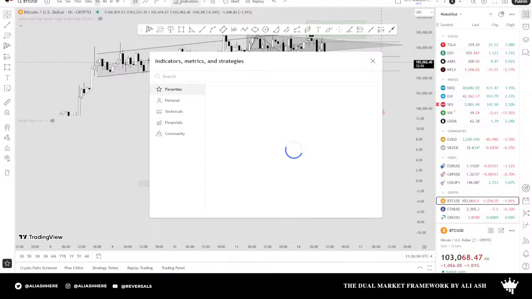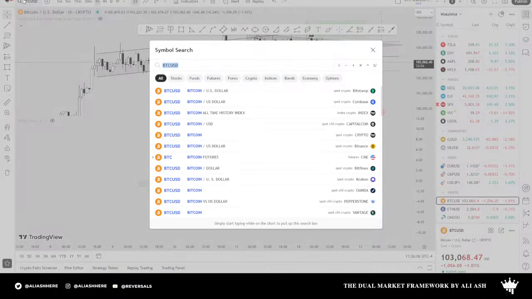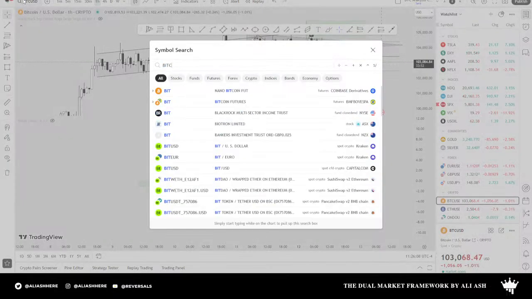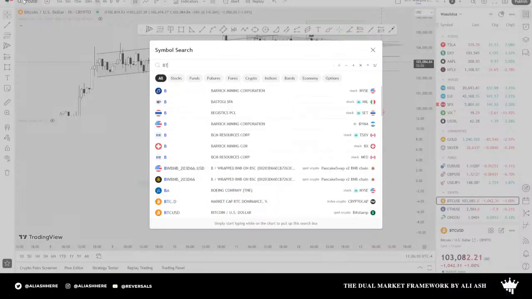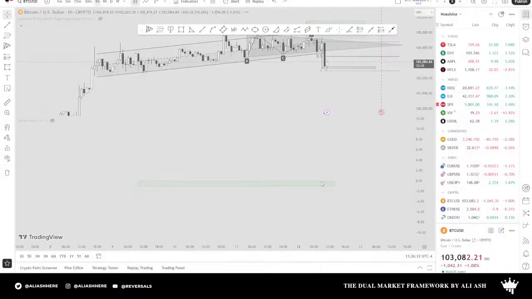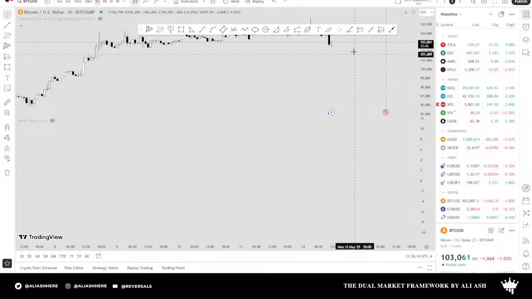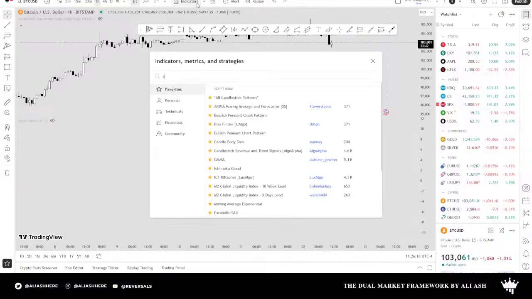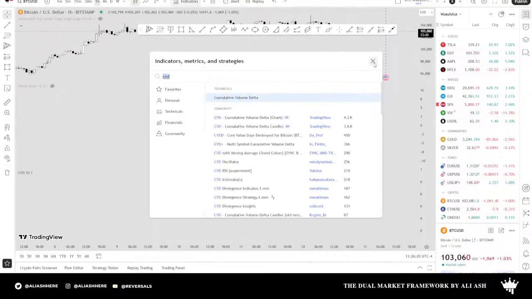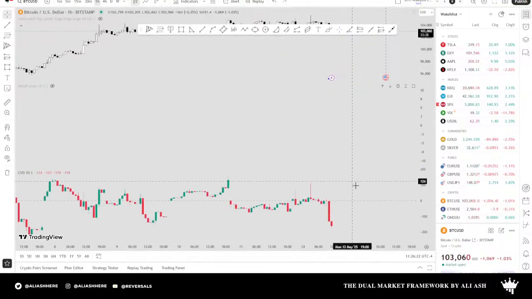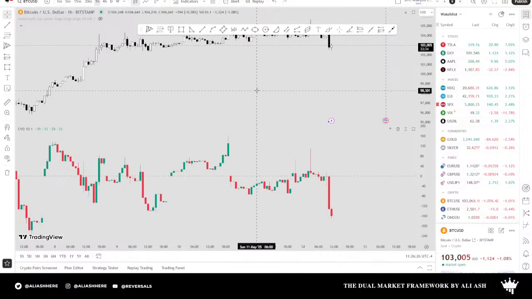And secondly, let me show you the CVD. For that we have to go on the volumetric chart. Okay, right here we have the volumetric CVD data.